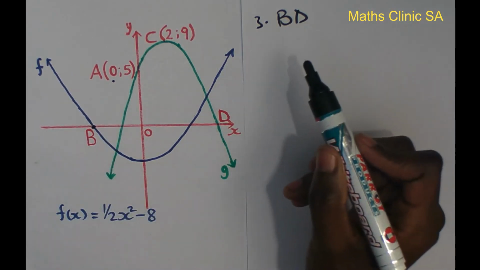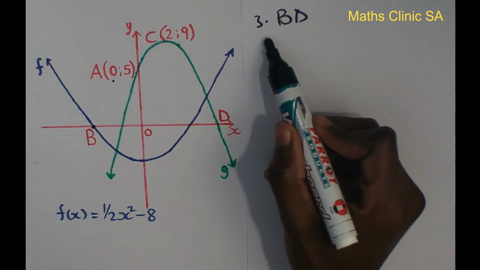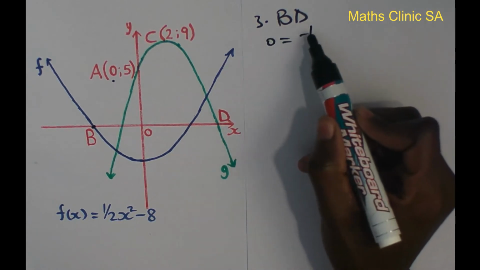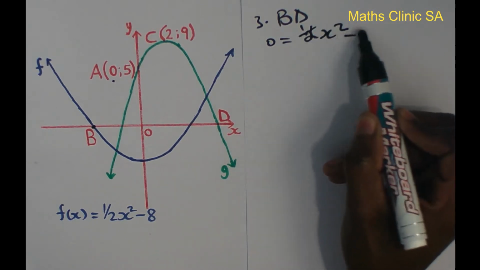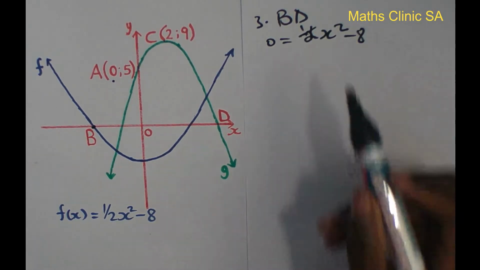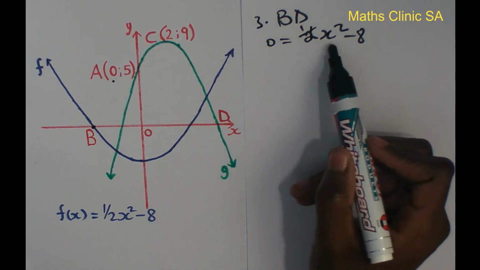So what's this la value x value? So f of x so means a 0. That's no half x squared. Sorry, it's a half x squared minus 8. Y means 0 because of an x intercepts.